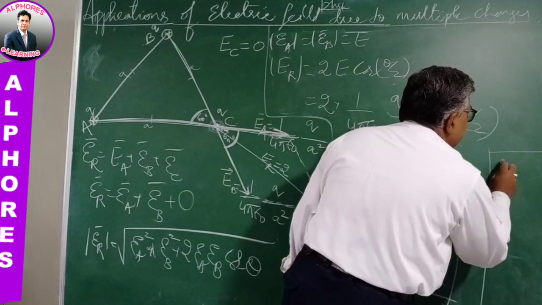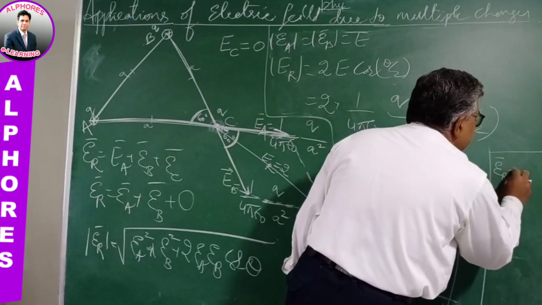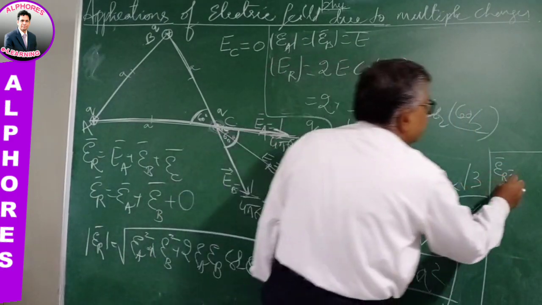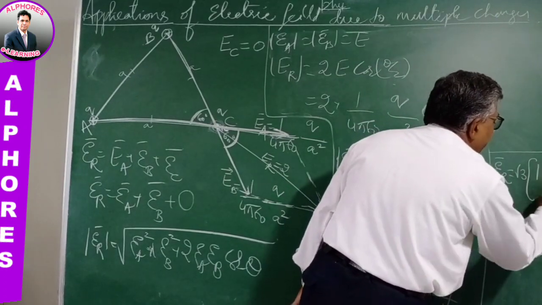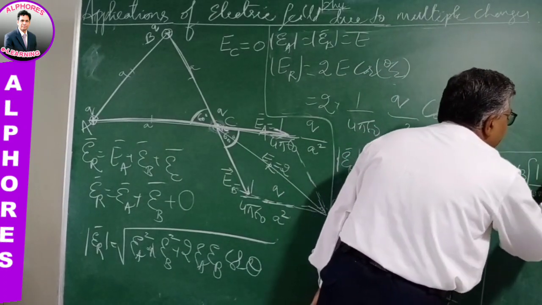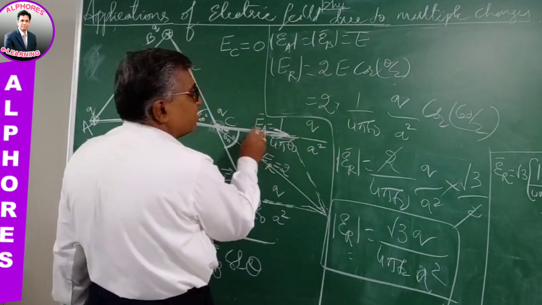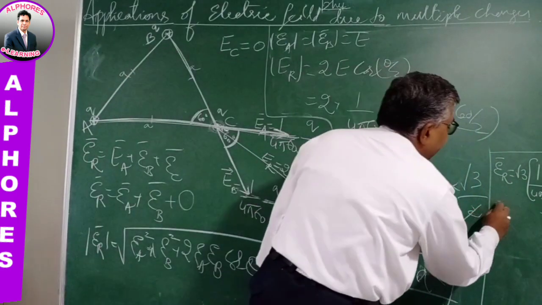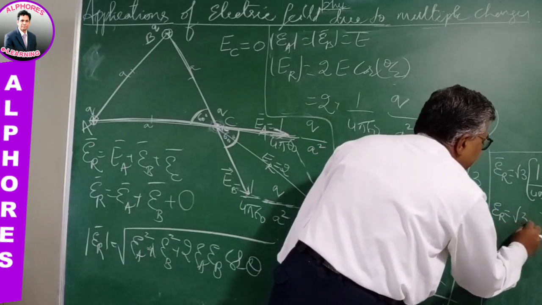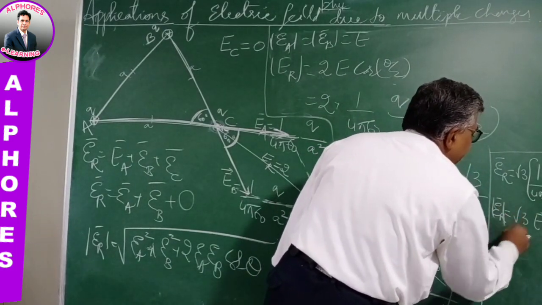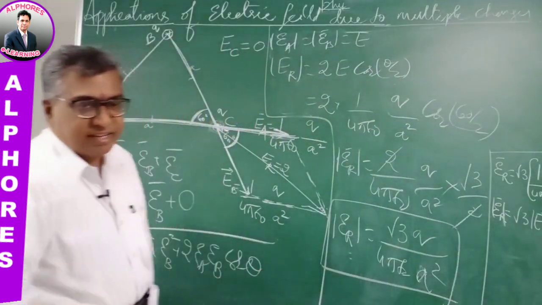So the resultant field due to all the charges is root 3 times 1 by 4 pi epsilon naught Q by A square. But 1 by 4 pi epsilon Q by A square is the magnitude of E at A. So the resultant E is root 3 times E. This is another question you can imagine.